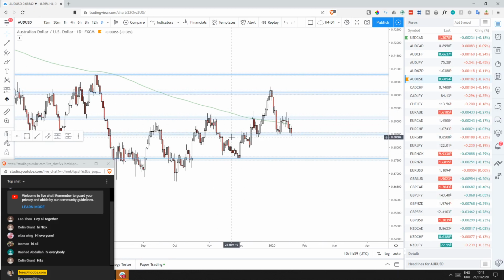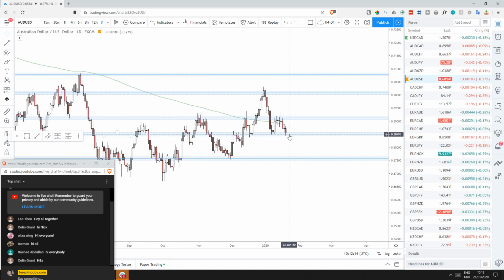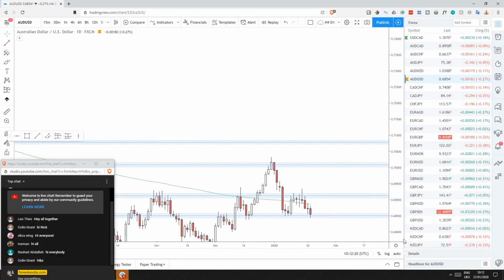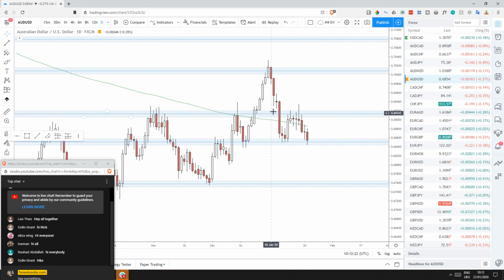Obviously, that doesn't always play out as an actual switch in the trend, because we did get a break above the 200 moving average, but it fizzled out pretty quickly and came back down. So the 200 moving average in this scenario gives us a little hint that perhaps price is starting to push down again.